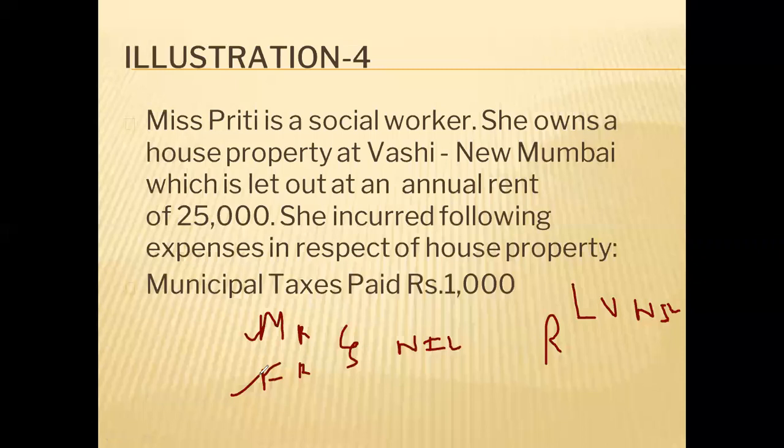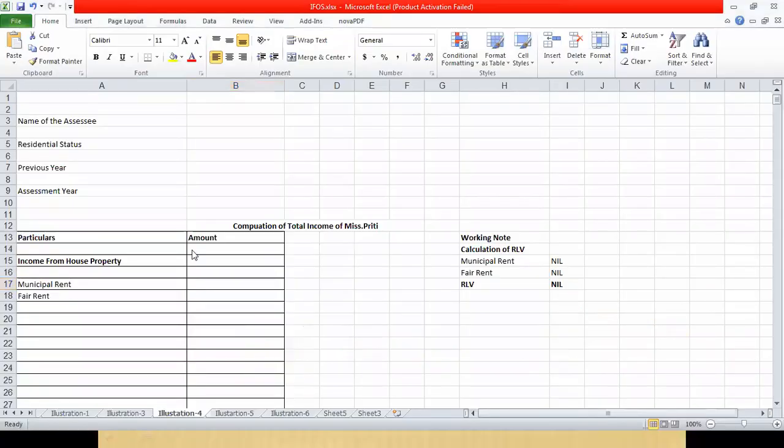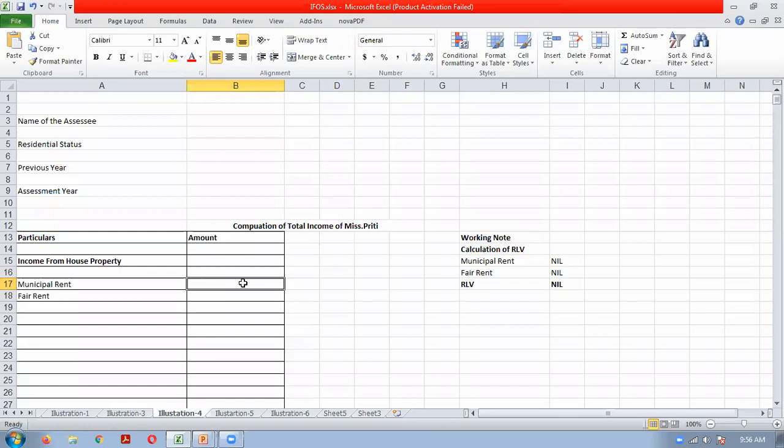If you have done the income from house property revision, then you would know reasonable let out value or expected rent is the higher of municipal rent or fair rent, but it is nil, so RLV will automatically become nil. Okay, so municipal rent is nil. Here working is also given, so you can check this also. Municipal rent is nil, fair rent is nil, so automatically reasonable let out value will be nil.